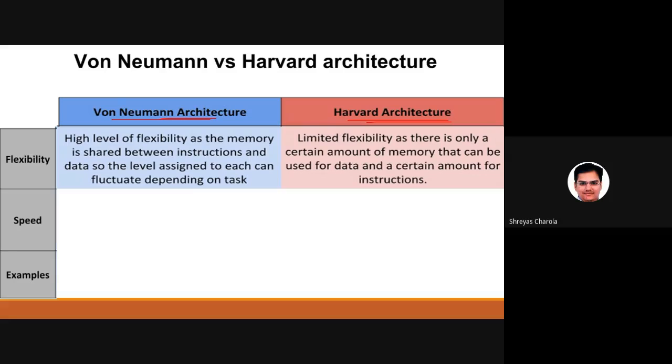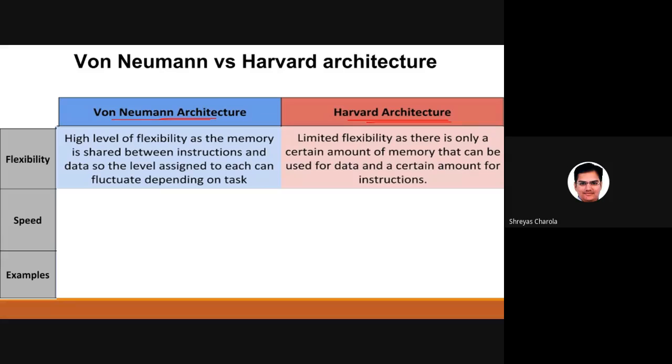Vaibhav, Sayas, Shilpi, Anjana, what do you think? Which will be faster, the Von Neumann or the Harvard architecture? So maybe Harvard. Maybe Harvard, I'm not 100% sure.